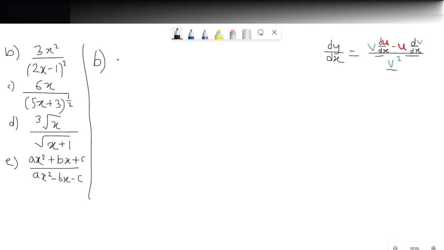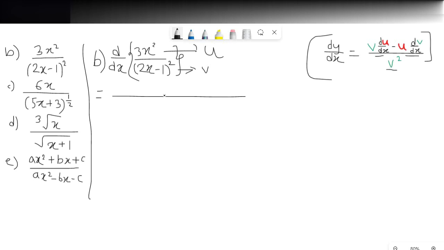So for number B, we have the derivative of 3x squared divided by 2x minus 1 whole square. So assuming this is v and this being u, and since our formula is given as this, using the formula we have the whole thing divided by v squared.